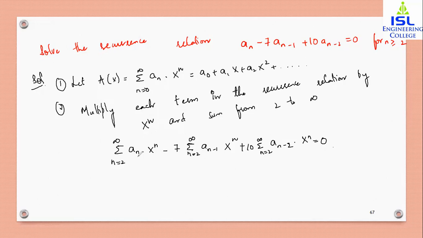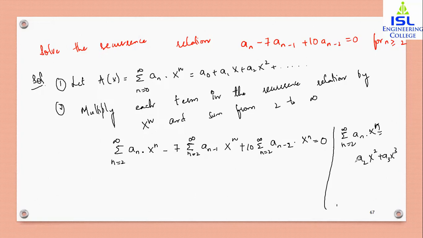Now for the first term, n equals 2 to infinity. I'll just write it here, consider this as my rough work. I will expand the series here, the sum from n equals 2 to infinity of a_n x^n. So this series will be a_2 x^2 plus a_3 x^3.